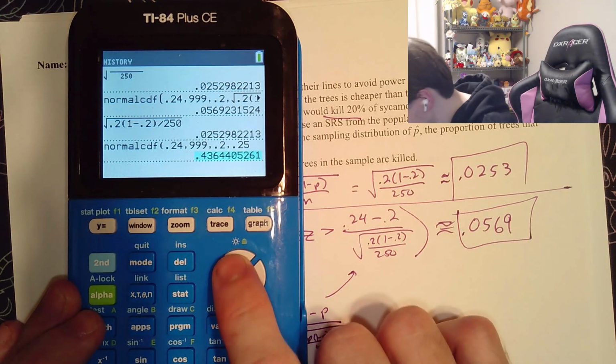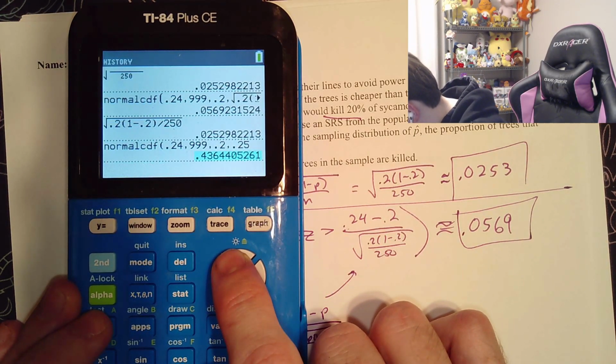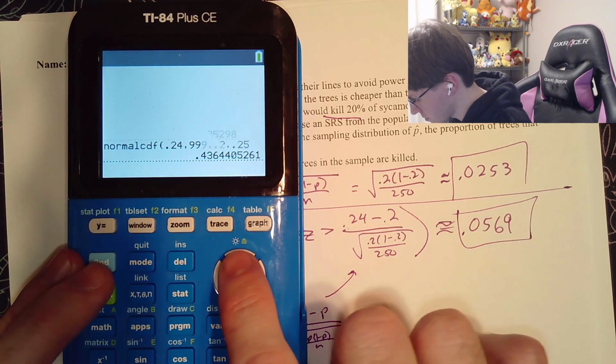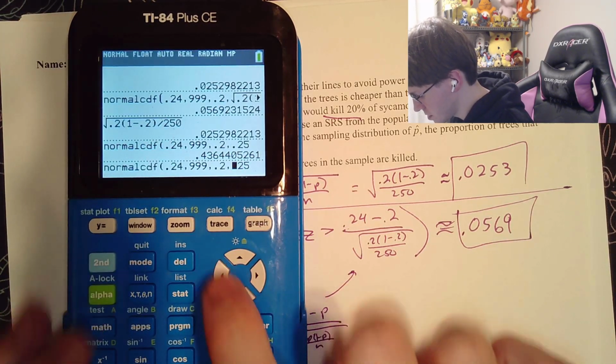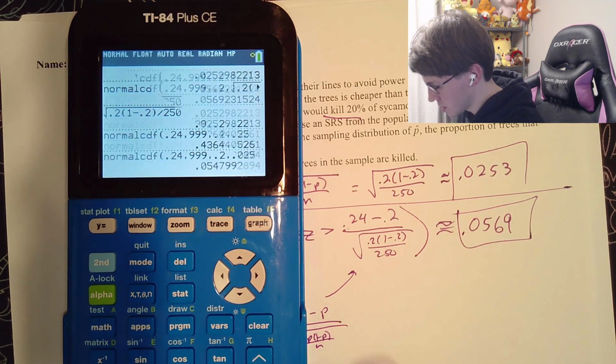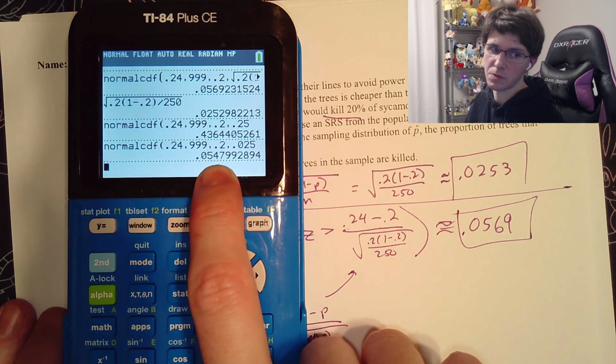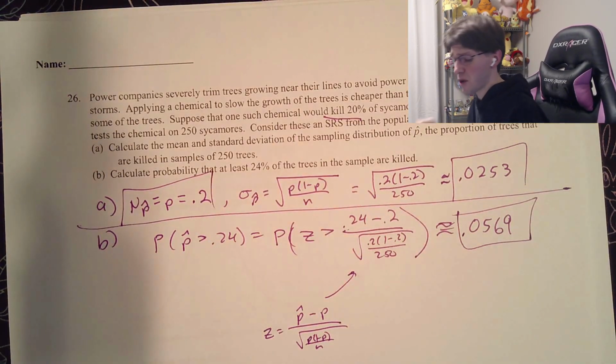Well, of course I didn't. That's the problem. So there's their 0.0548 that they're getting. I think their answer is actually wrong. It's been rounded, so I'm going to go ahead and give them partial credit.